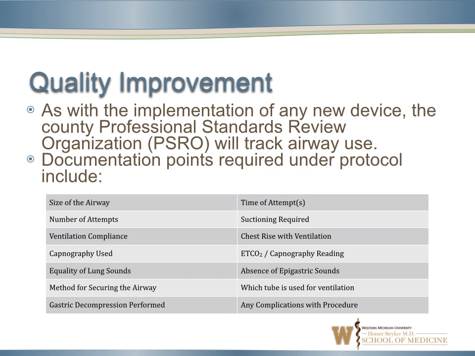Documentation points required under the protocol include the size of the airway, the time of the attempts, the number of attempts to place the airway, any suctioning that's required, the ventilation compliance, chest rise with ventilation, that capnography was used, and what that capnography reading was, the quality of your lung sounds, the absence of any epigastric sounds, what method you used to secure the airway, in the Combitube, specifically which tube was used for ventilation, if gastric decompression was performed, and any complications you may have had with the procedure. We'll look at each chart and make sure that all these points are met.